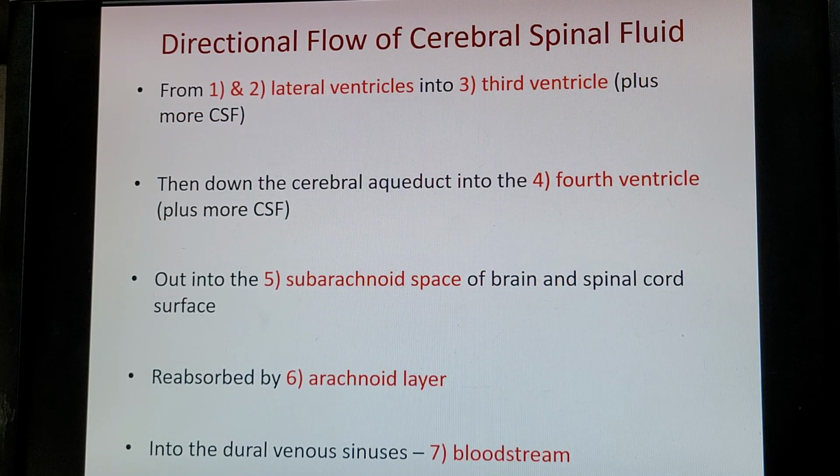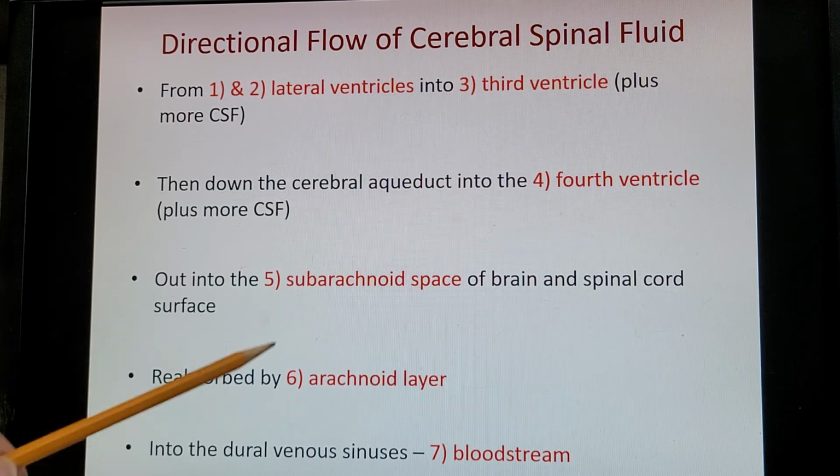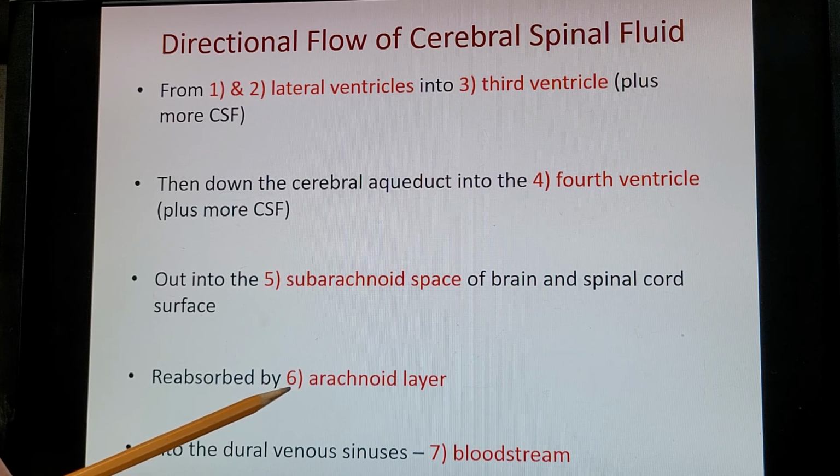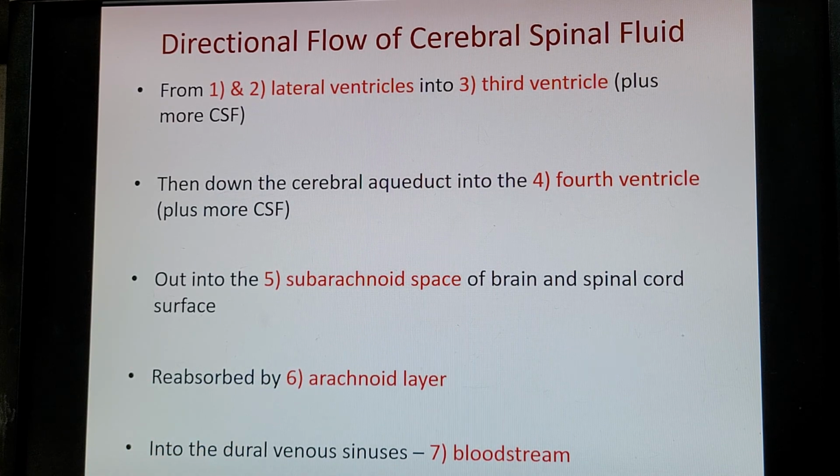It then moves into the number 3 location, which is the 3rd ventricle in the middle, going down to the 4th ventricle, filling our subarachnoid space, then being reabsorbed by the arachnoid layer, and then finally being returned to the bloodstream. So after it's done its circulating, it's the same fluid that came from your bloodstream, it's going to return to your bloodstream.